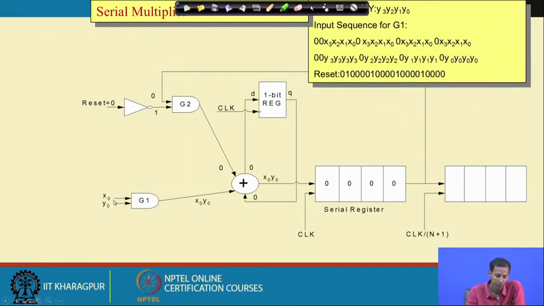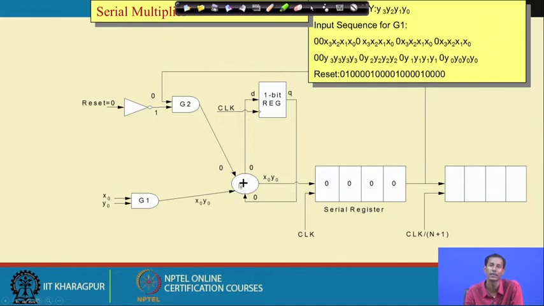That means I will put the corresponding bits of x and y through an AND gate, and then that will pass through an OR gate if I do this bitwise operation.